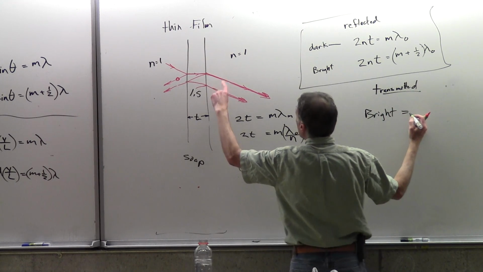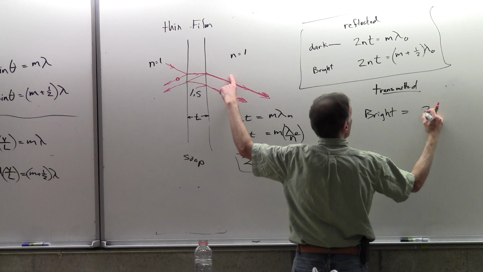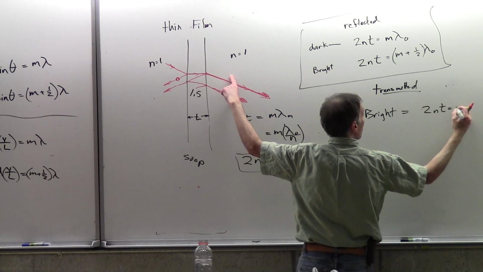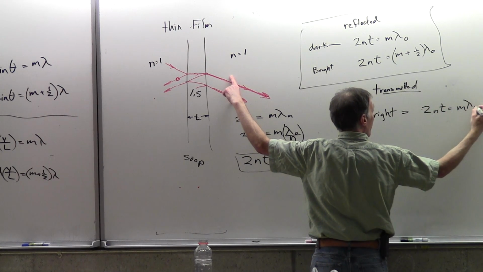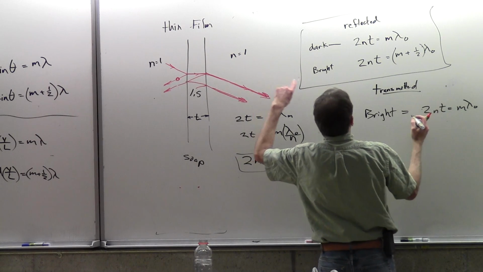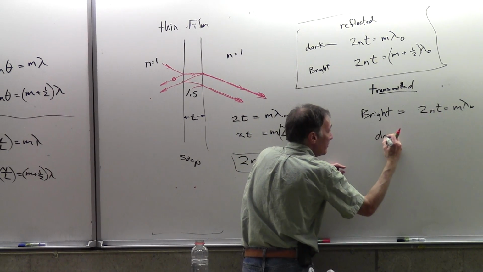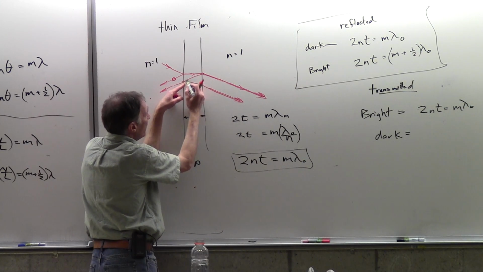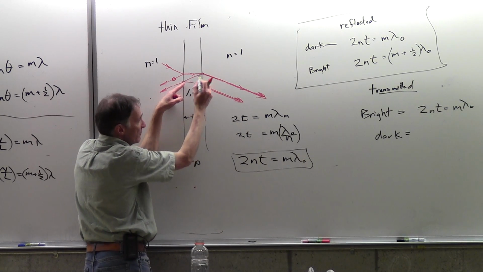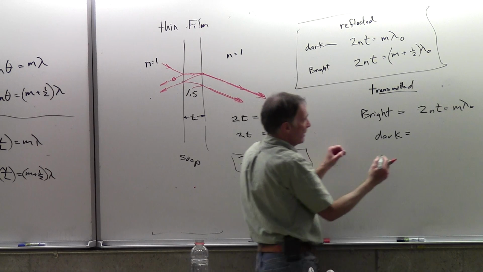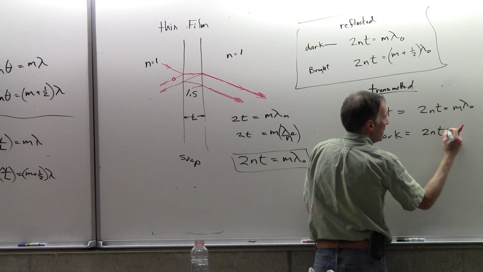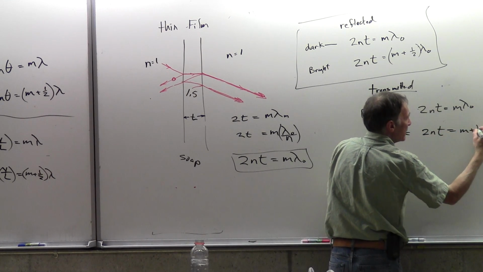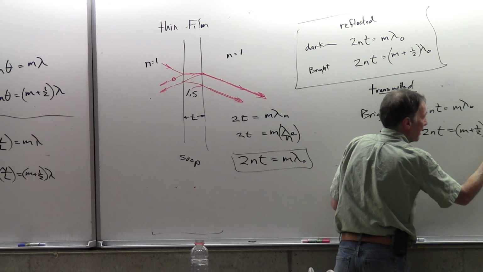That will happen if in this distance 2nt is equal to a whole number of waves. It will be dark if we kick in an additional half a wave in this path difference of 2nt. That 2nt is going to be equal to m plus 1/2 of a wavelength.